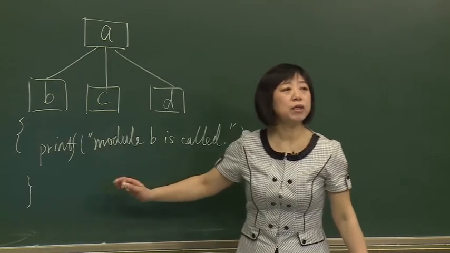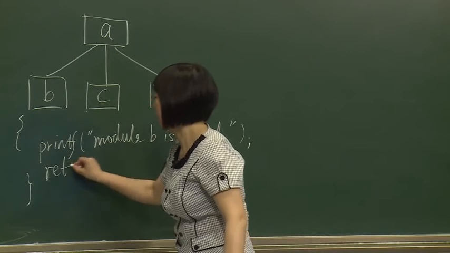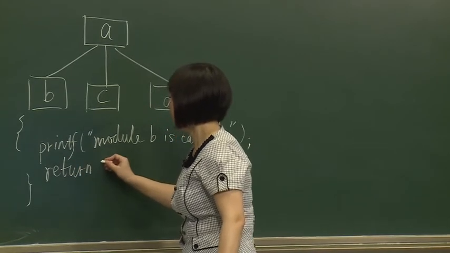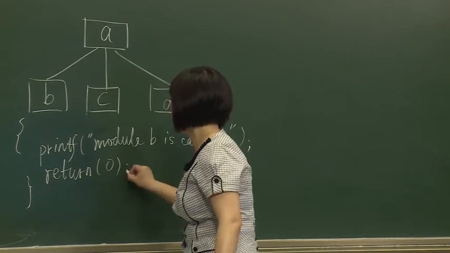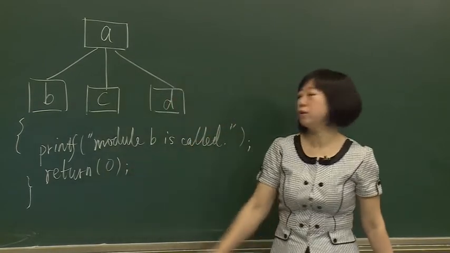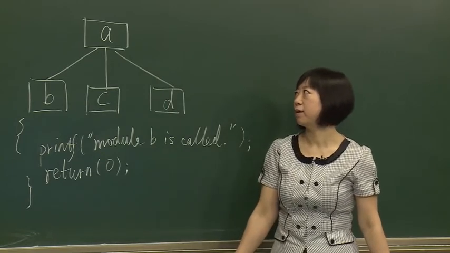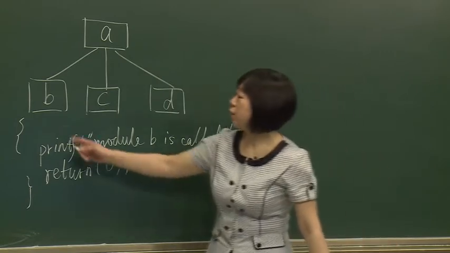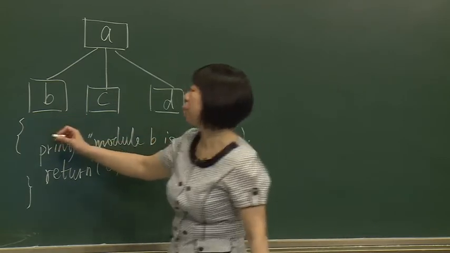You can also return some pre-cooked value. For example, you can say return 0, let's say. So this 0 is a pre-cooked value. Such a kind of module is called a stub.